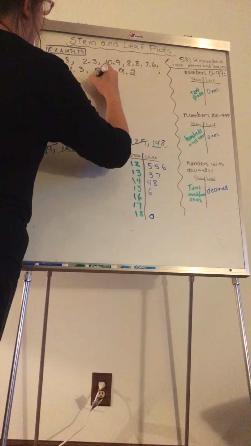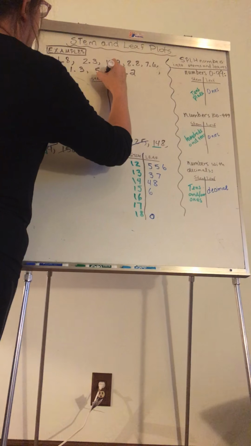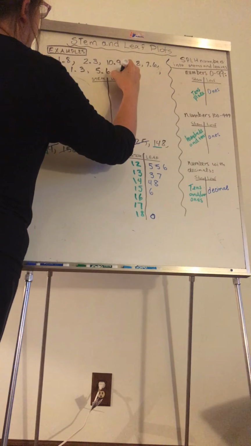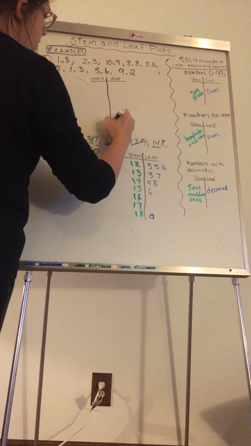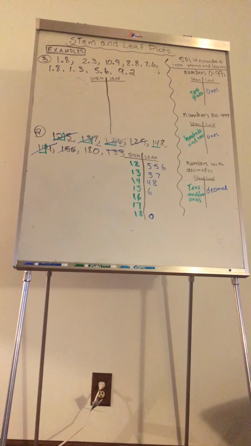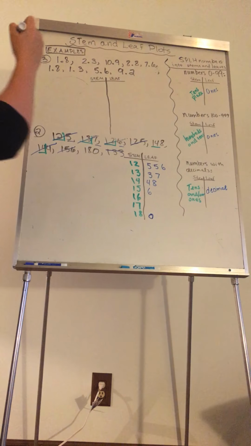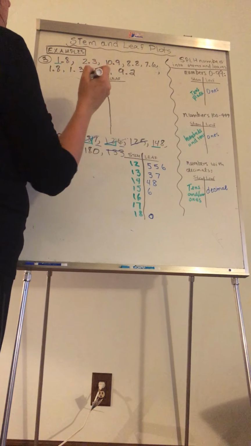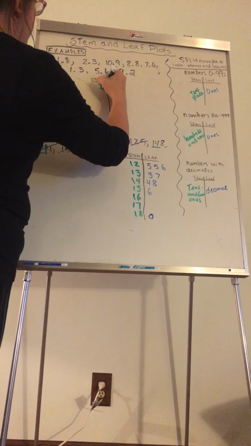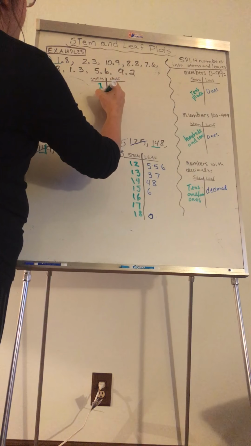So this is how I'm going to draw this. Stem and leaf. I look for my lowest stem. My lowest stem in this case is going to be the ones place. So I'm going to start out with 1, and I have 2, and then we're going to go with 3.